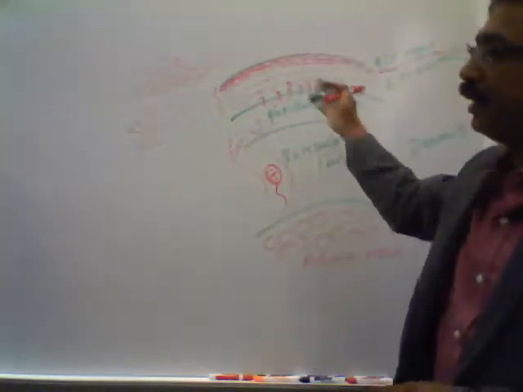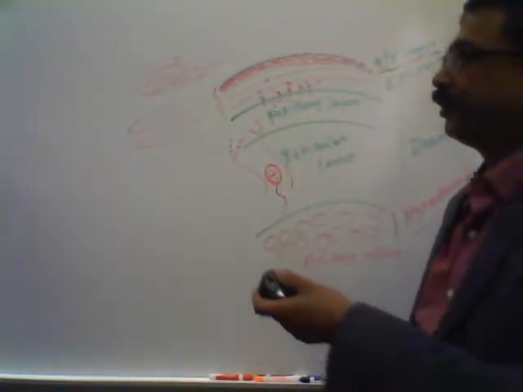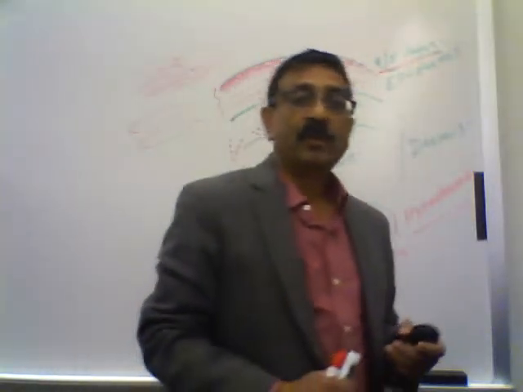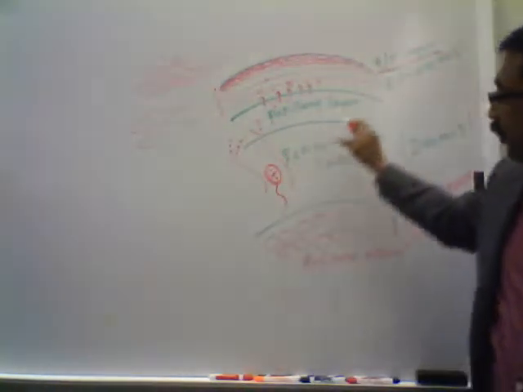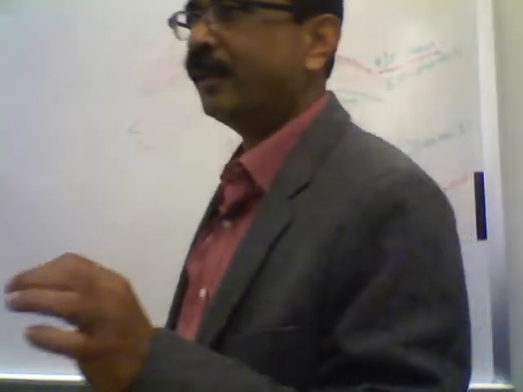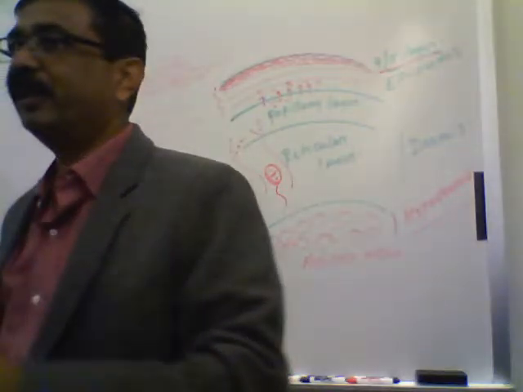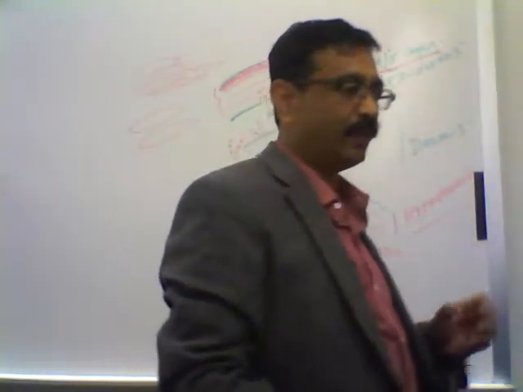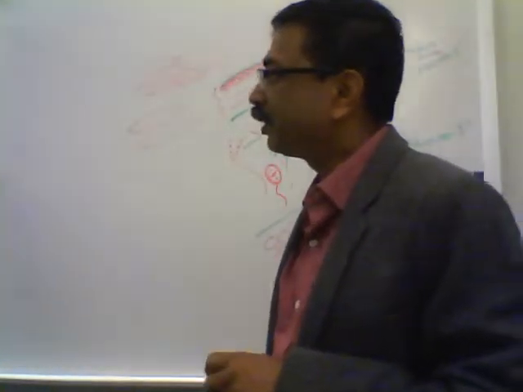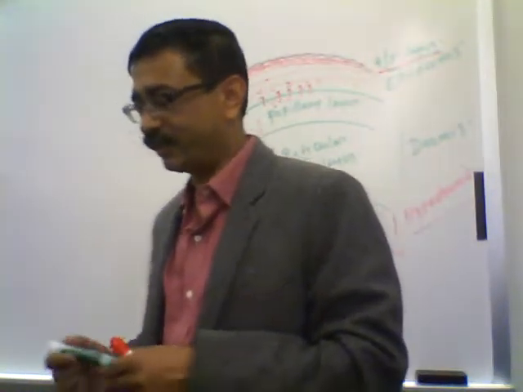So that's the structure of the skin. Now we'll talk about the epidermis. Epidermis has 4 or 5 layers. In thin skin epidermis you have 4. In thick skin epidermis you have 5. So we'll see what are those layers.